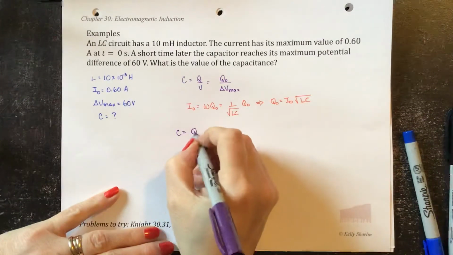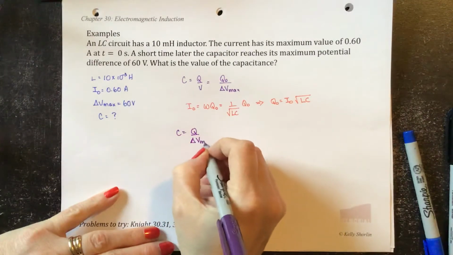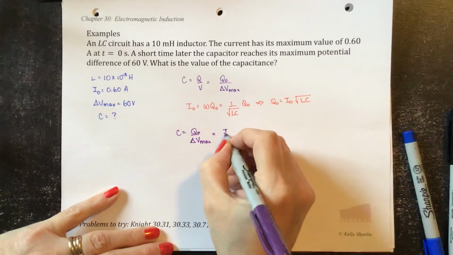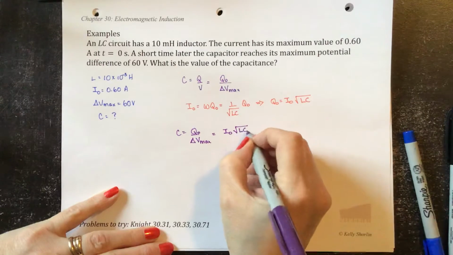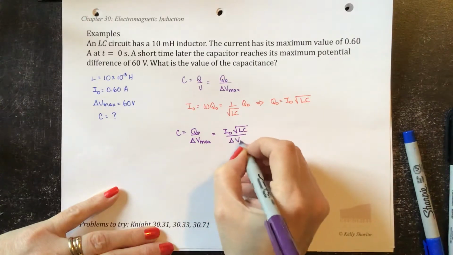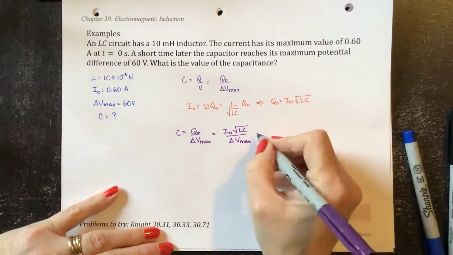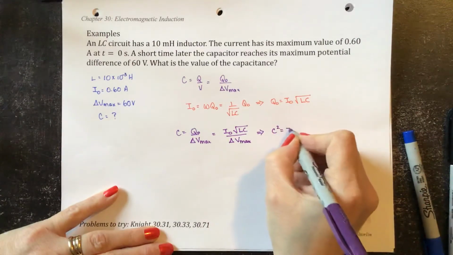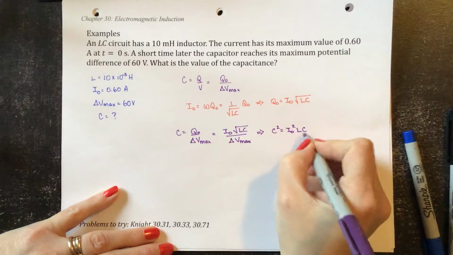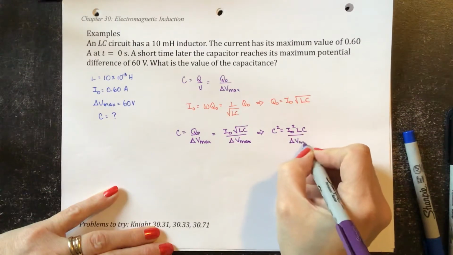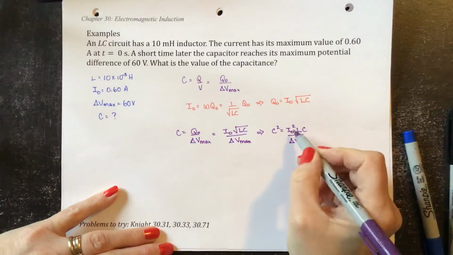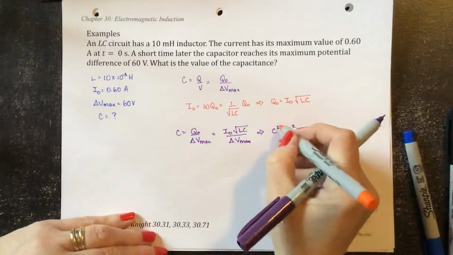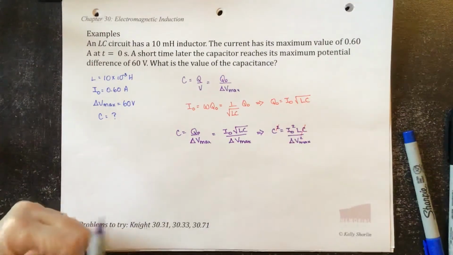So C is Q0 over delta V maximum. Q0 is I0 times the square root of LC, over delta V maximum. If we square both sides, we get C squared is I0 squared LC divided by delta V maximum squared. Double check, I didn't lose any squared signs. Divide both sides by C, cancel that squared.